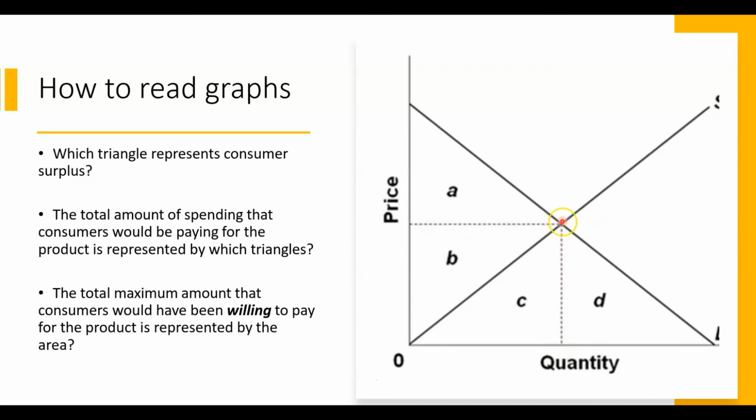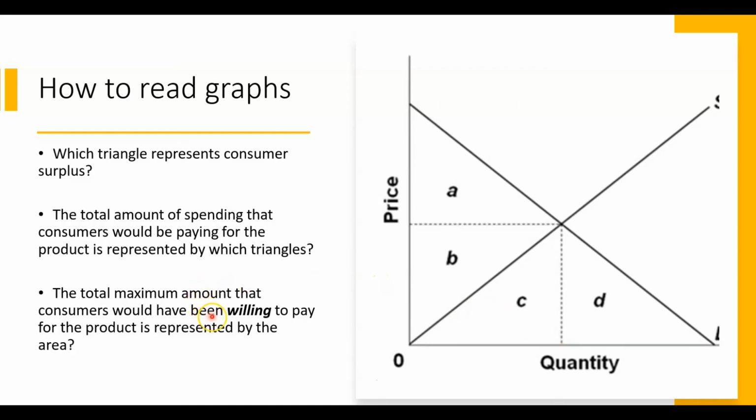That means that this is how many units are being bought and at what price. So the two triangles that represent the amount that is being spent, actual cash leaving the consumer's pocket, are triangle B and triangle C. So price times quantity tells us how much spending is actually occurring.